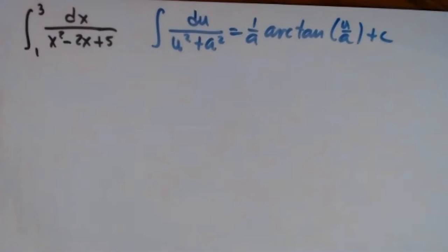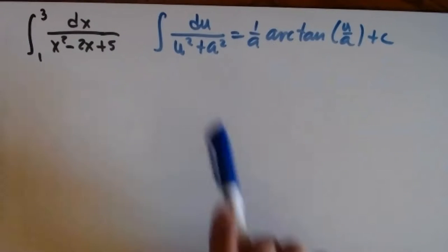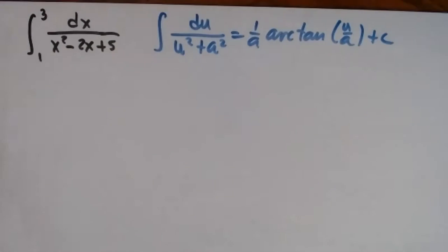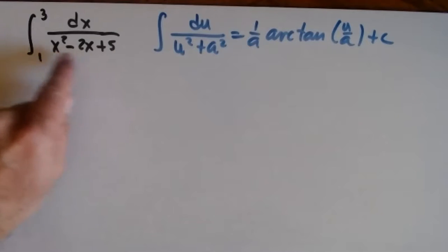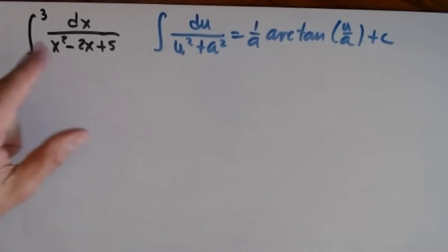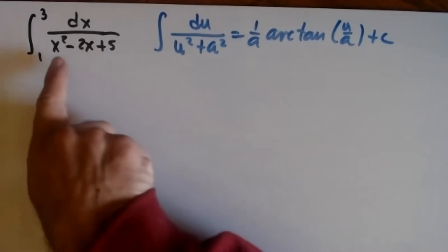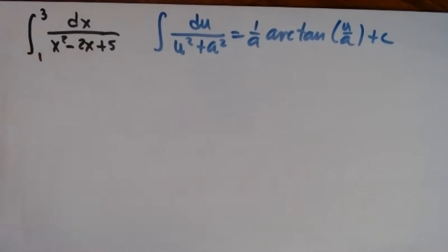Correct? Okay, let's see. Now, this is the addition of two squares. I have to make this the addition of two squares. So, the only way I can do that is try to find this as a perfect square. So I have to complete the square.